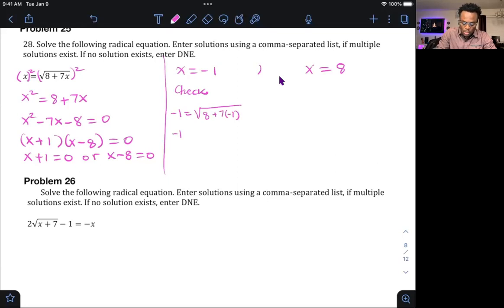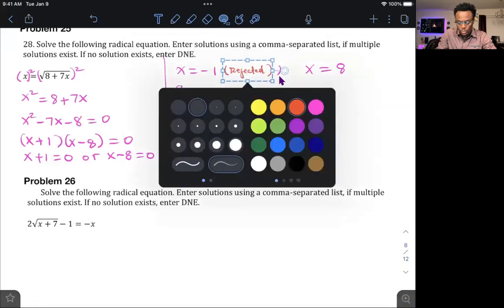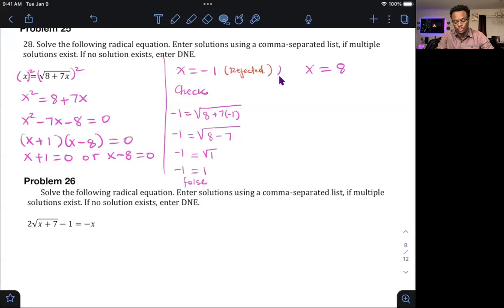So that is -1 equals square root of 8 minus 7. -1 equals square root of 1. -1 equals 1. That is false. So -1 is to be rejected, because it does not verify your solution. It's an extraneous solution. It does not verify your original equation.